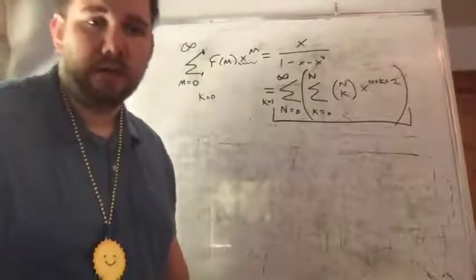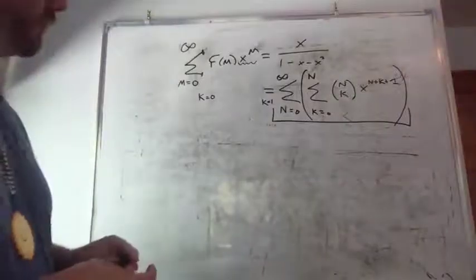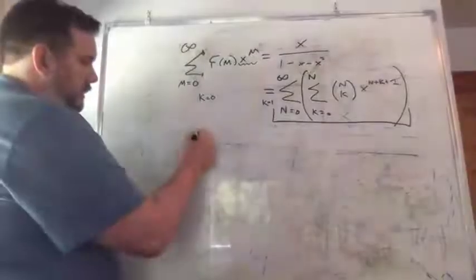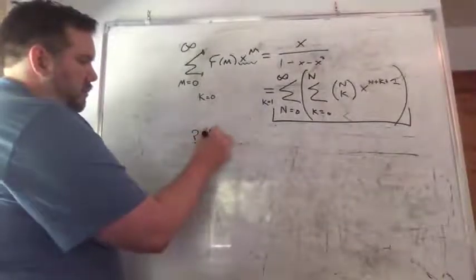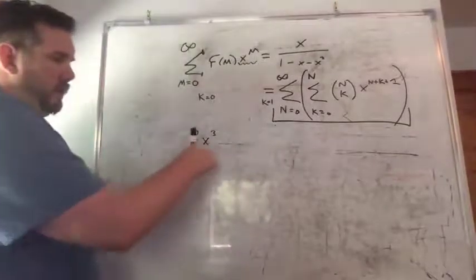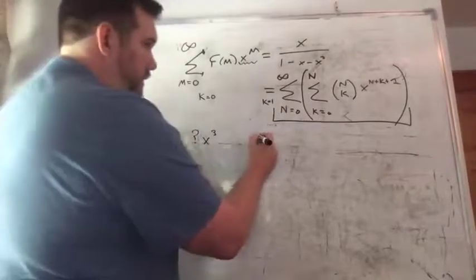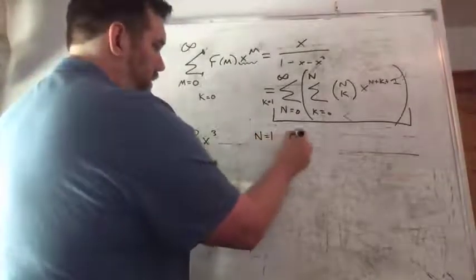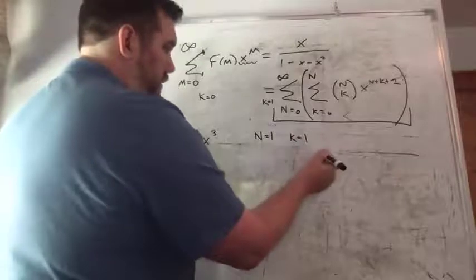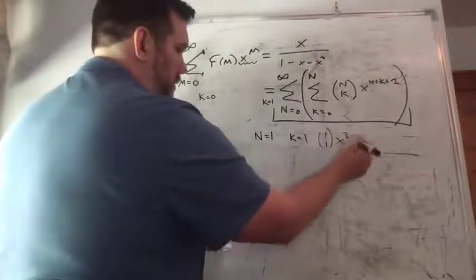Okay, so now we're going to go through and do some analysis. What we saw just a minute ago in part 3 is that if I was looking to figure out what should go on the x cubed, there were different places where I might be able to pick up a coefficient on x cubed. So for instance, when n was equal to 1 and k was equal to 1, I had 1 choose 1 x cubed.